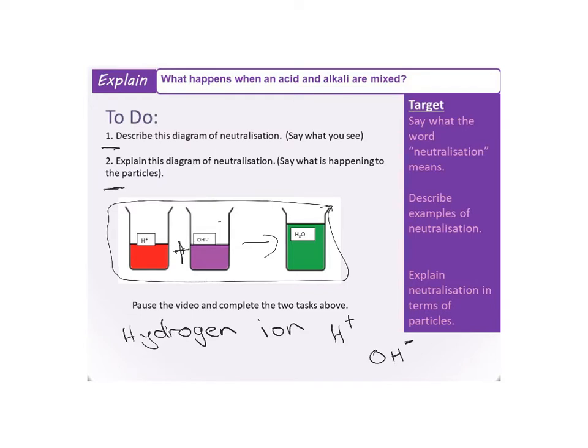Okay, so what you would be doing is saying the hydrogen ions in the acid would react with the hydroxide ions, and I'm going to write that for you as well. Hydroxide ions in the alkali, and together they would form H2O, which is water. But you have to say exactly what happens to those H particles and what happens to the OH particles.